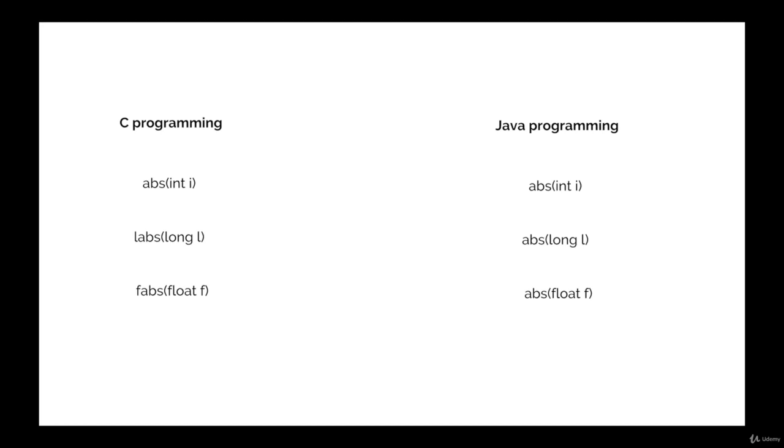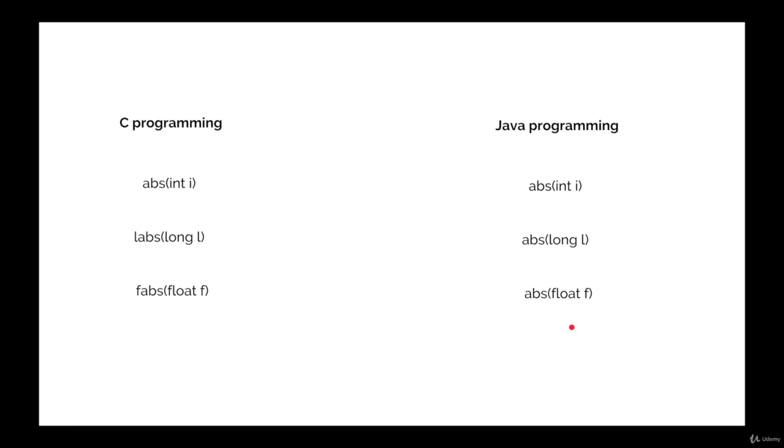If you pass a float, it will return the absolute. This makes life much easier because you don't have to remember multiple method names. You just remember one method name and pass different values as per your requirement. This improves code readability and also makes the programmer's life easier.